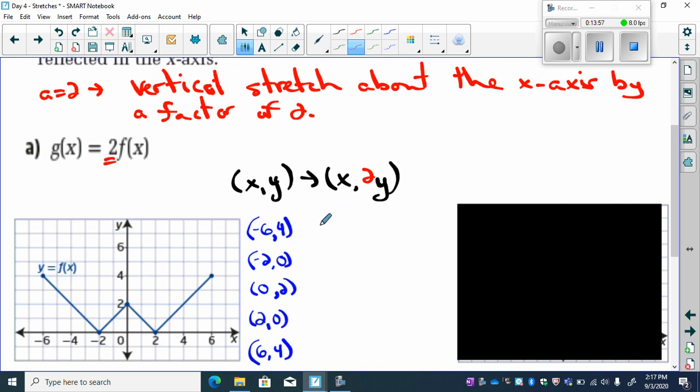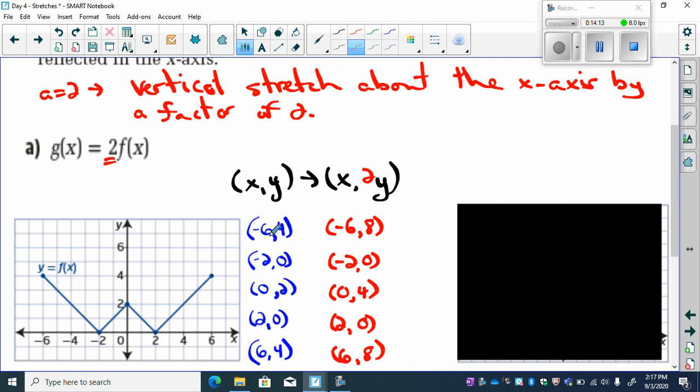So my transformed points would be -6, comma 8, -2, comma 0, 0, comma 4, 2, comma 0, and 6, comma 8.